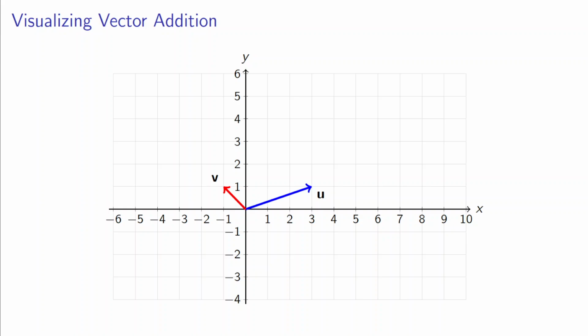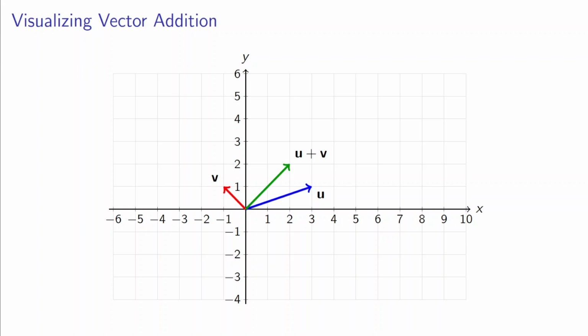Moving on to visualizing vector addition, here we've got two vectors u and v. Again, we are going to mostly be focusing on the geometry here, but if you wanted to do the arithmetic to confirm what we get with these different operations, you certainly could. The vector u appears to be the vector (3, 1), and v appears to be the vector (-1, 1).